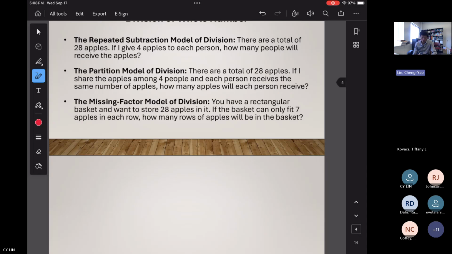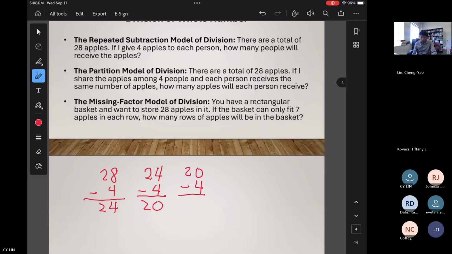We want to do 28 subtract 4, and I get 24. I repeat again, repeat subtraction, and that will be 20. Then I take 20 subtract 4, and I get 16.